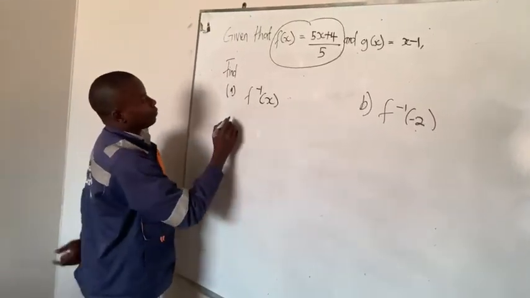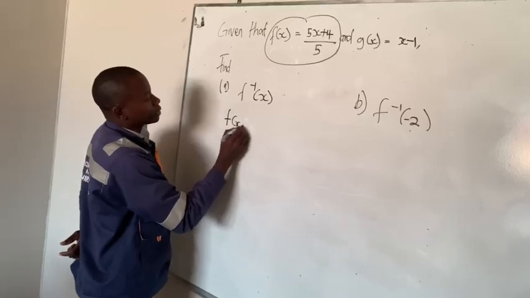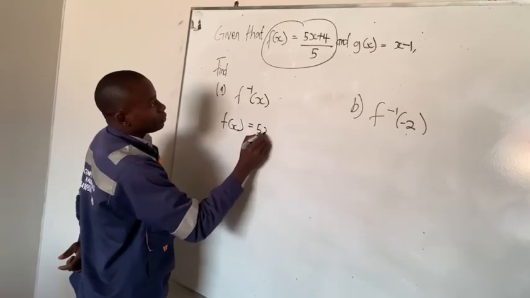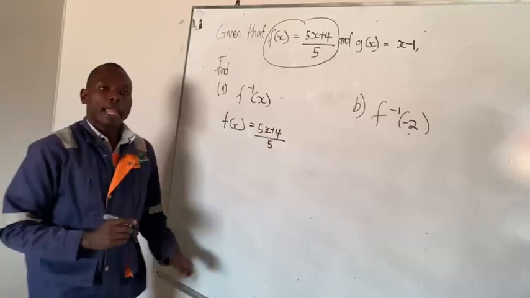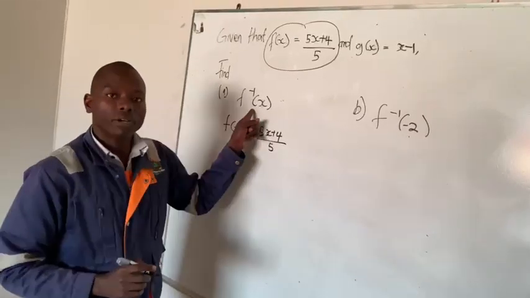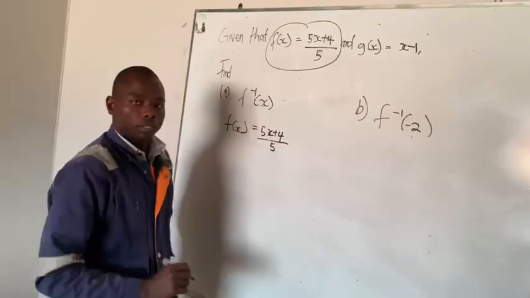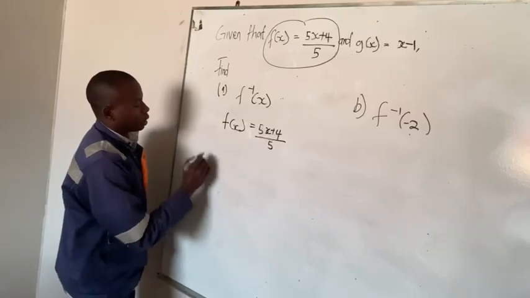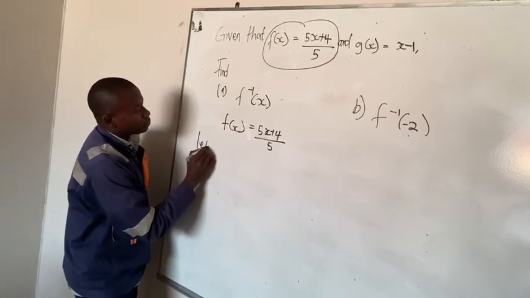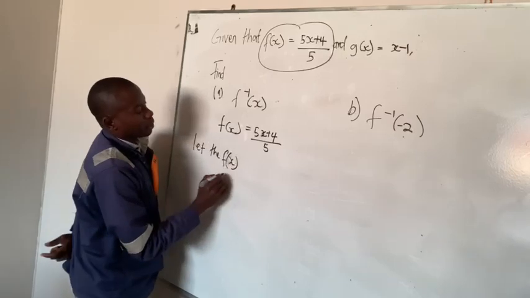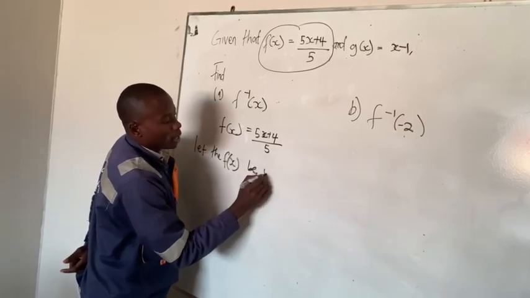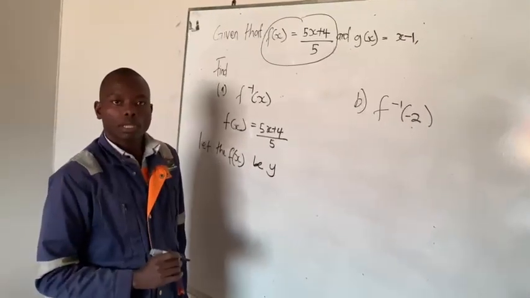So if I have f(x) giving me (5x plus 4) over 5, but I am told to find the inverse of x, this is the tactic. I let f(x) be y altogether.